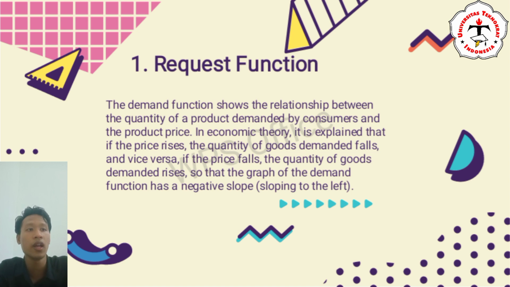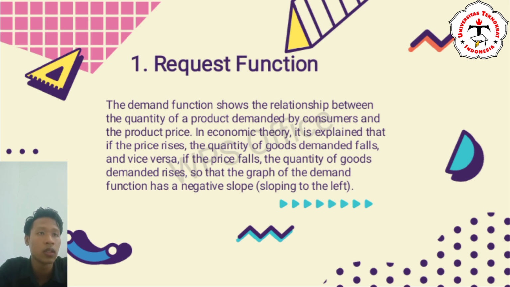In economic theory, it is explained that if the price rises, the quantity of good demanded falls, and vice versa. If the price falls, the quantity of good demanded rises, so the graph of the demand function has a negative slope.